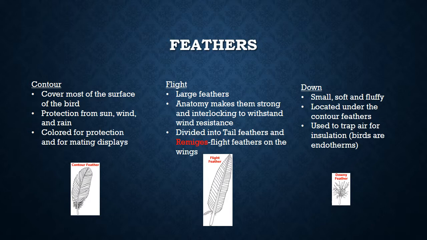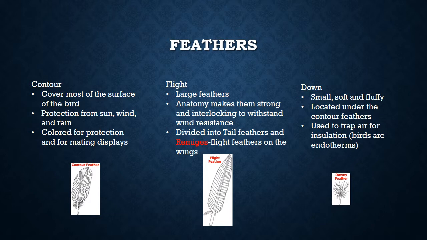So there are 3 different types. There's contour feathers, flight feathers, and down feathers. So the contour feathers are what cover most of the surface of the bird, and it allows for protection from sun, wind, and rain. And then it also has color patterns that are helpful for mating displays.